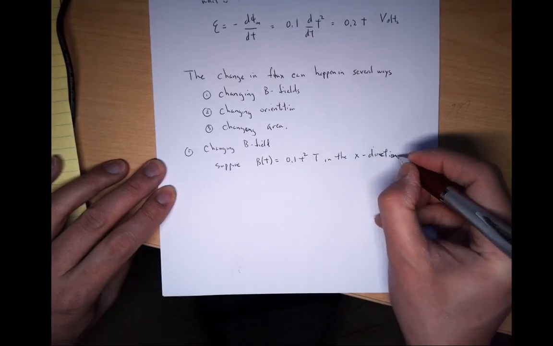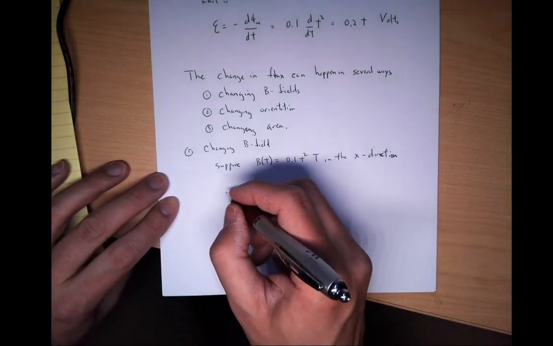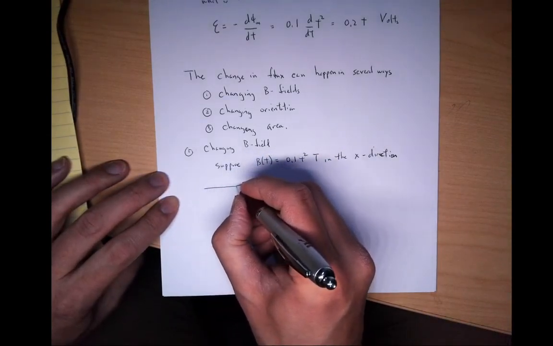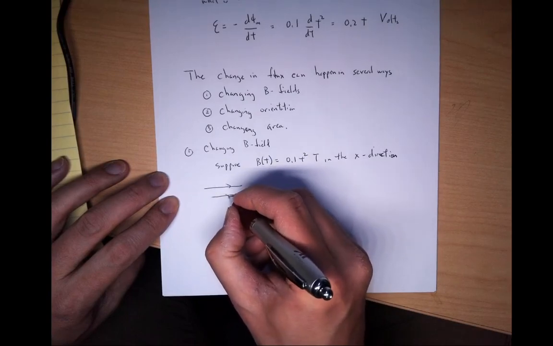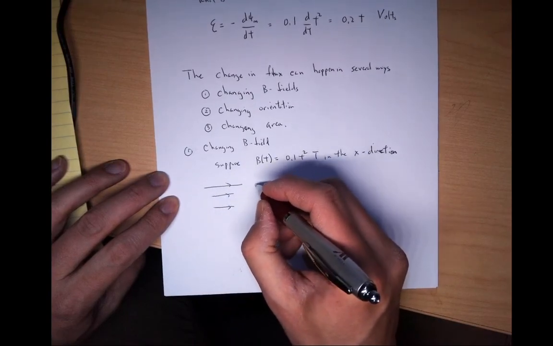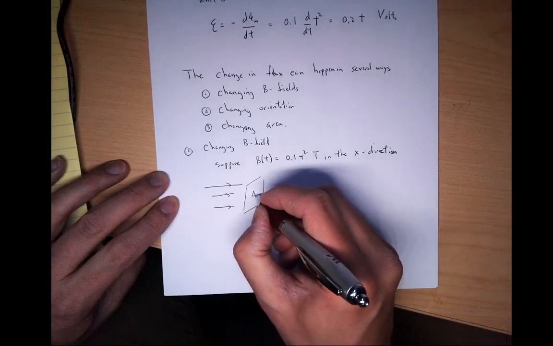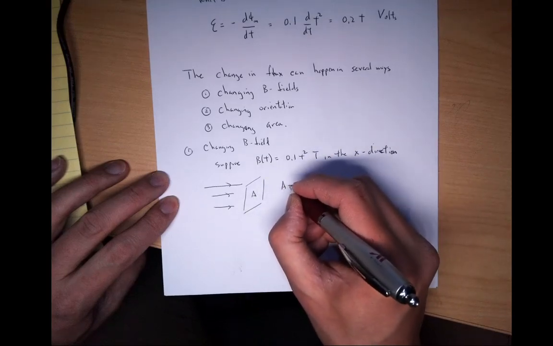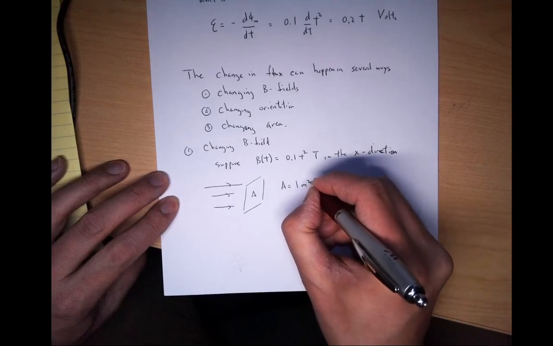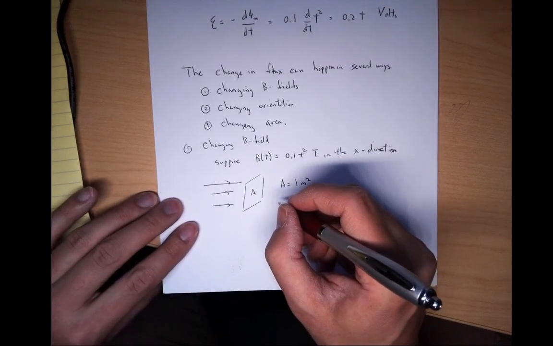It looks terrible. Okay, all right, so let's draw this thing out. There's my B field here. There's my surface here. I'll call this surface A, and A, I'm going to tell it, is equal to 1 meter squared.